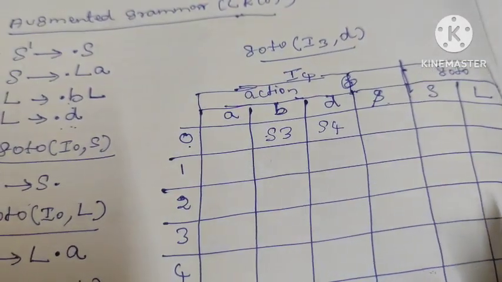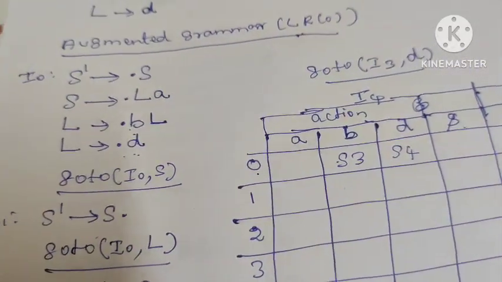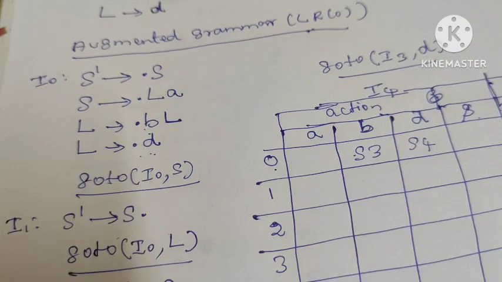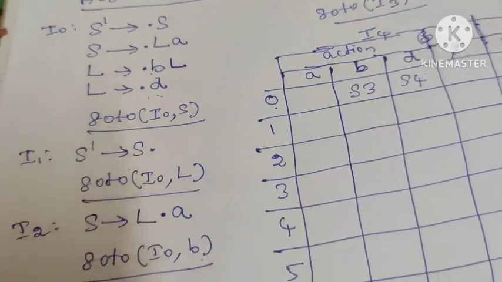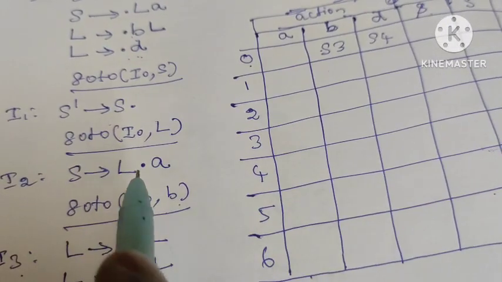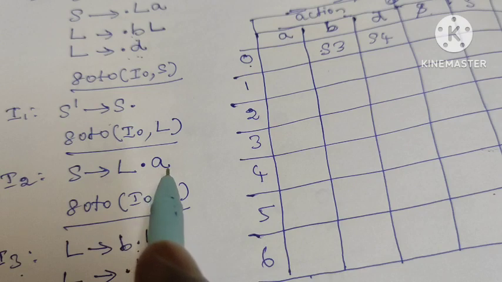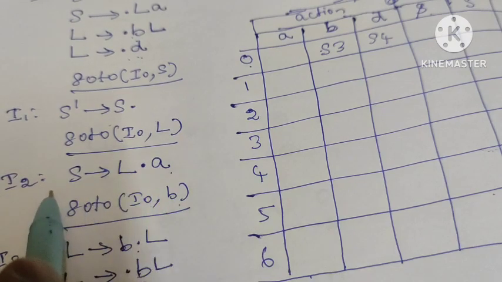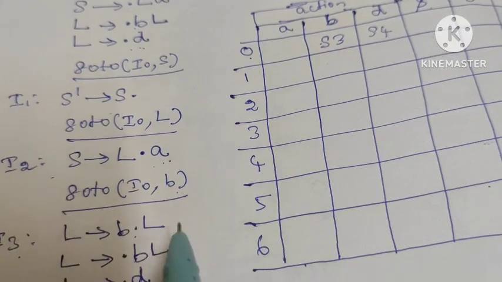Now in items at 0, we have dots before only B and D. Now come to items at 1. Items at 1, we don't have a dot before a terminal. So no need to process that. Now come to items at 2. We have a dot before A. So in item set 2, a dot before A. So go to of item set 2 comma A, where it goes.